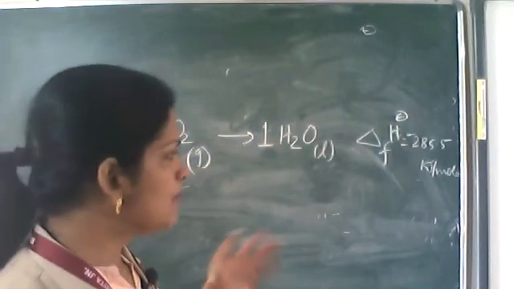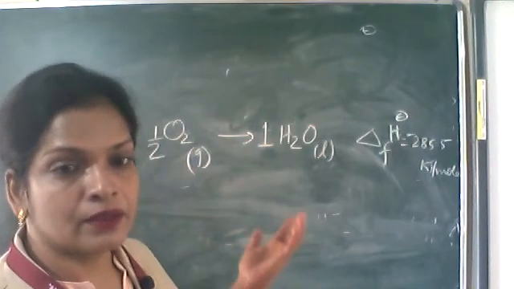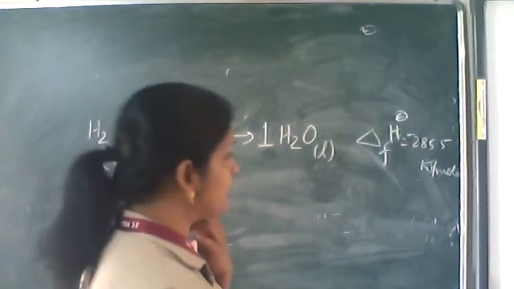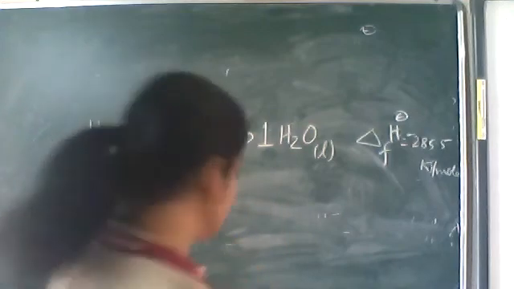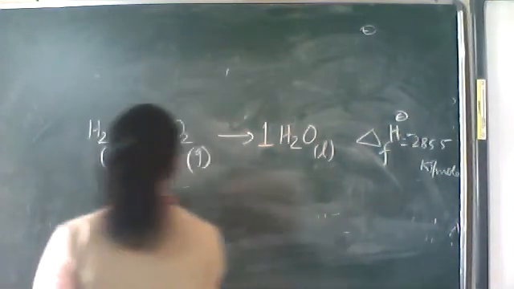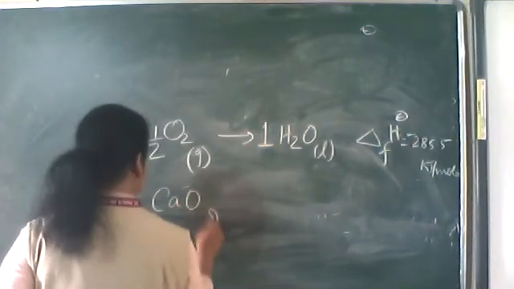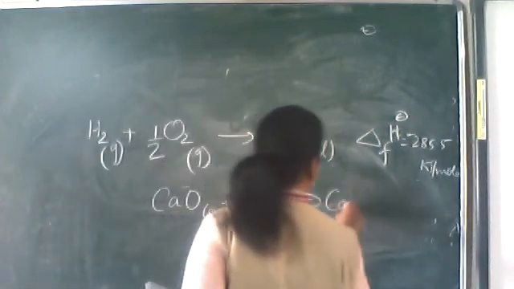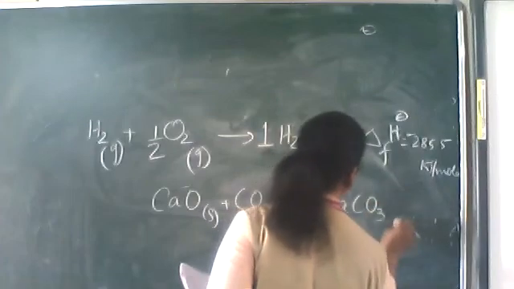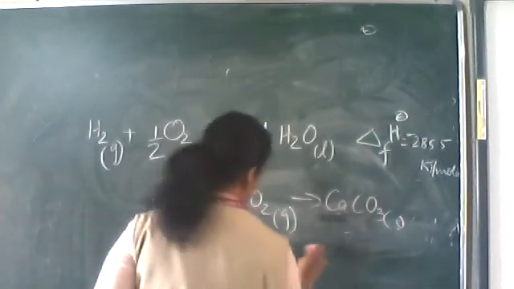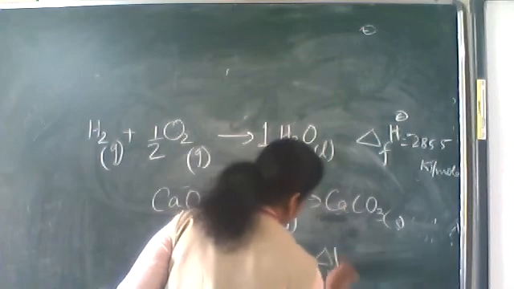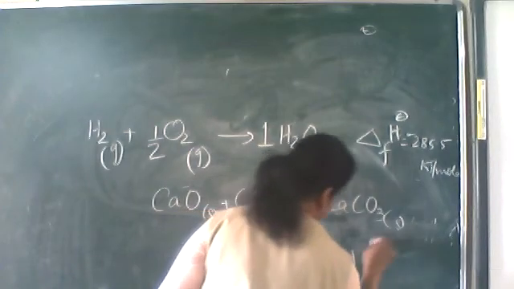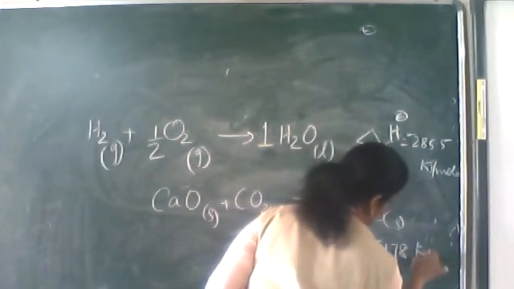Now, I'm going to one example and you see whether it is delta F H standard. Is it the formation value? CaO solid plus CO2 gas gives CaCO3 solid. Here, delta H is equal to minus 178 kilojoules per mole.